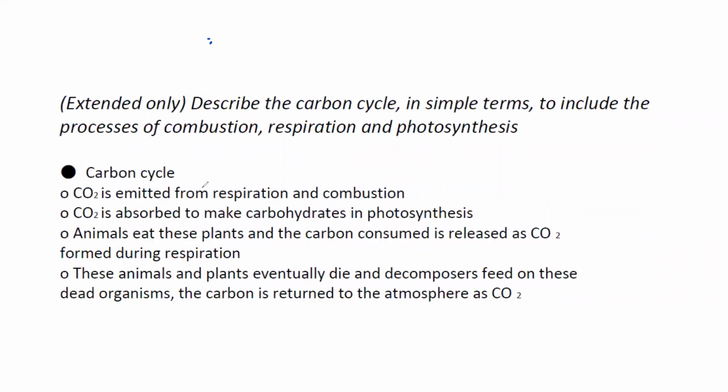Carbon dioxide is emitted by respiration and combustion, and carbon dioxide is absorbed to make carbohydrates in photosynthesis. Animals eat these plants. That's the summary of the carbon cycle: animals eat those plants and the carbon consumed is released during respiration, and these animals eventually die and decomposers feed on these dead organisms and carbon dioxide returns to the atmosphere.